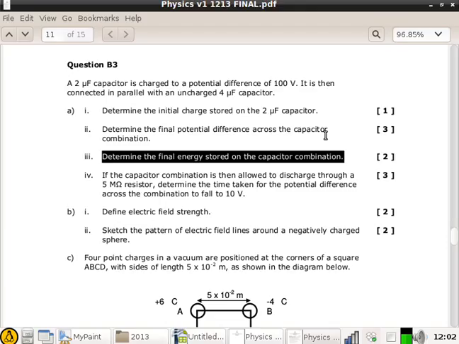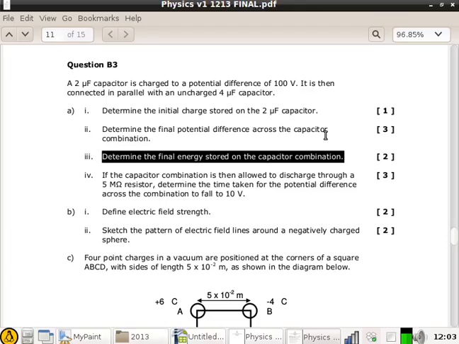Now, the next one is what we did today. If the capacitor is then allowed to discharge through a resistance of 5 mega ohms. How big is mega? 10 to the 6. Calculate the time taken until the voltage is 10.